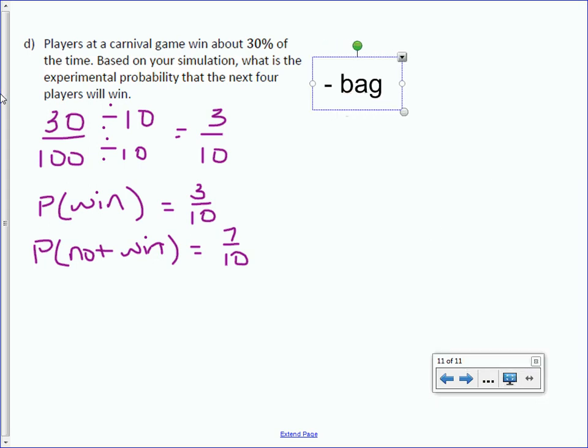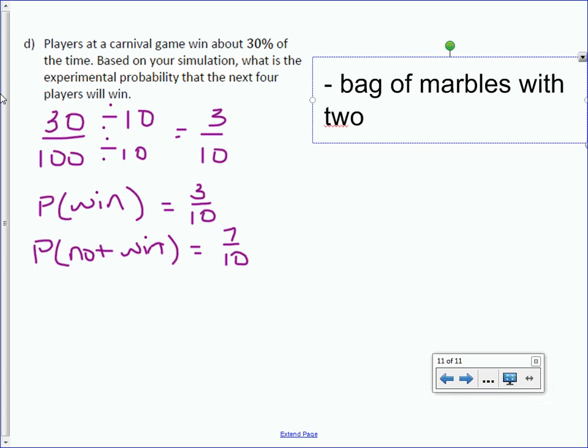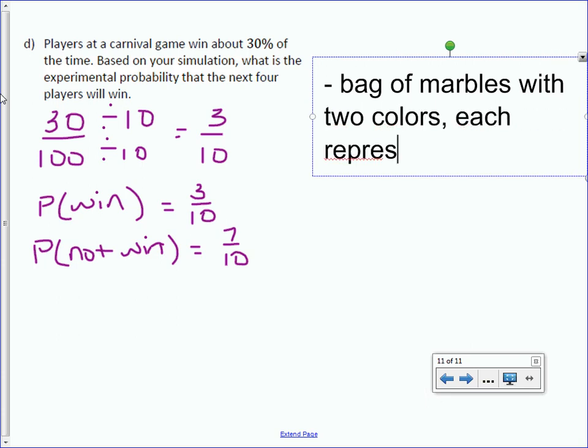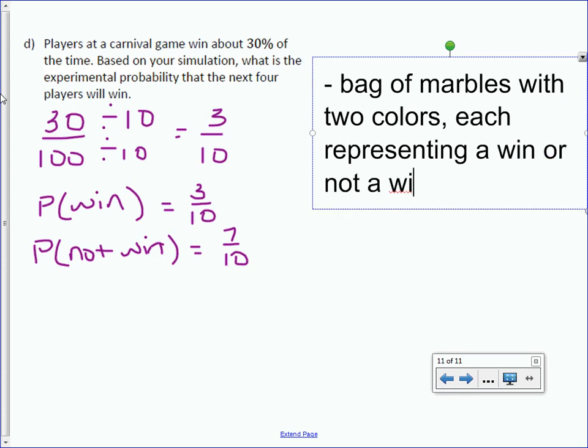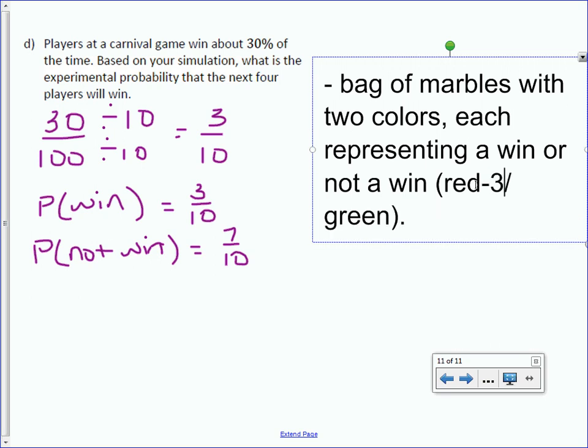So you can have a bag of marbles with 2 colors, each representing a win or not a win. Let's say red, green again. Doesn't matter the color. Okay, and actually I'm going to add in here, there would be 3 red and there would be 7 green. Okay.